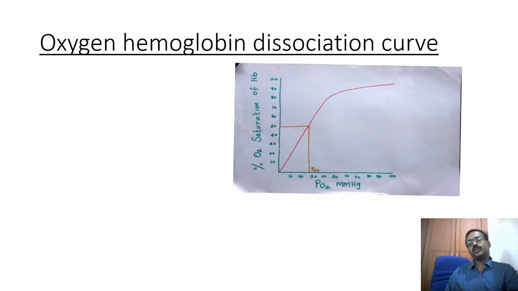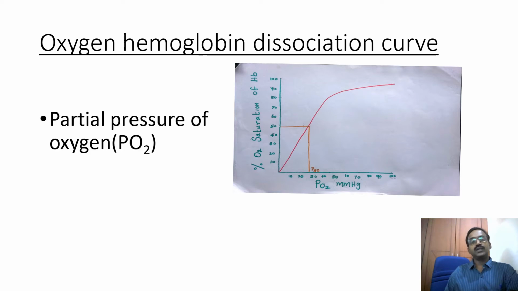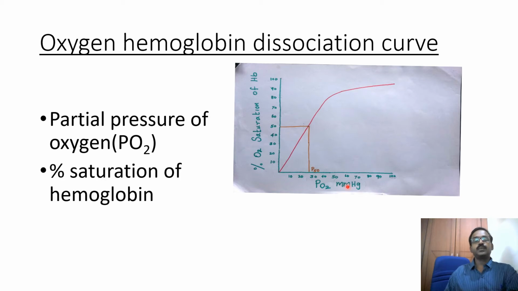Oxygen transport by hemoglobin is explained by the oxygen hemoglobin dissociation curve. In the curve, the x-axis depicts the partial pressure of oxygen, expressed in millimeters of mercury. The y-axis is the percentage of oxygen saturation of hemoglobin.